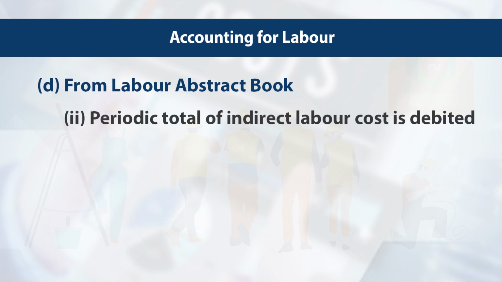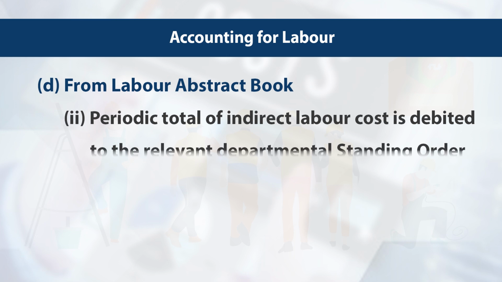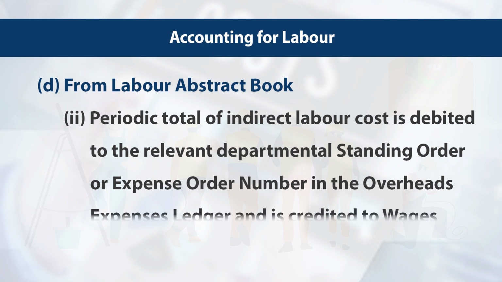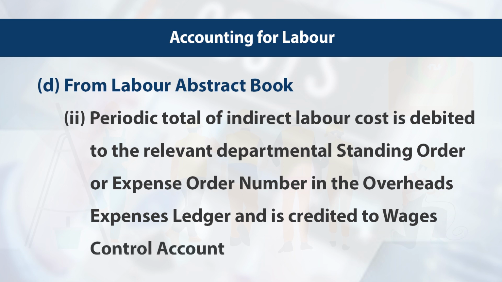Number 2, the periodic total of indirect labor cost is debited to the relevant department standing order or expense order number in the overheads expense ledger, that is, indirect material and labor can be used at factory, administrative or selling overhead level, and is credited to wage control account. Note that like material cost account, labor cost account can also be prepared.